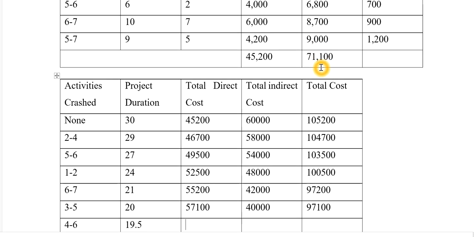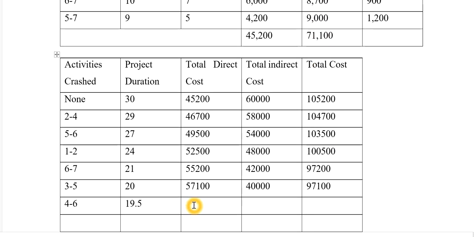So I will add 1,200 to 57,100. So it comes to 58,300 here. Now 19.5 into 2,000, it comes to 39,000, and the total is 97,300.